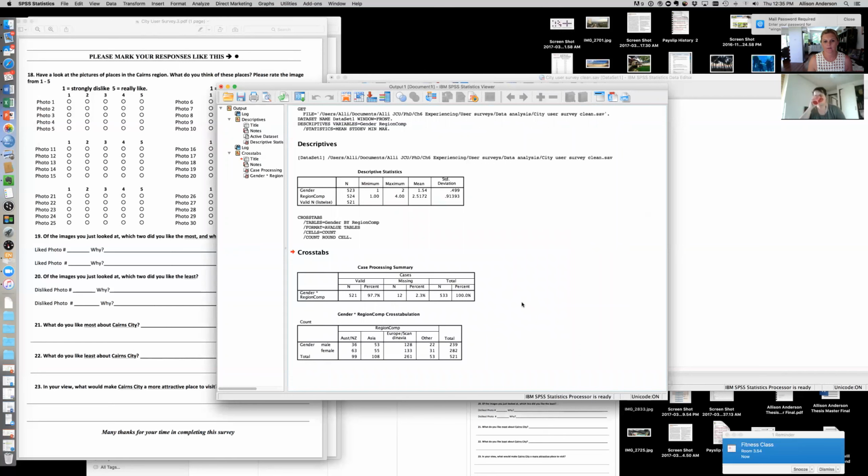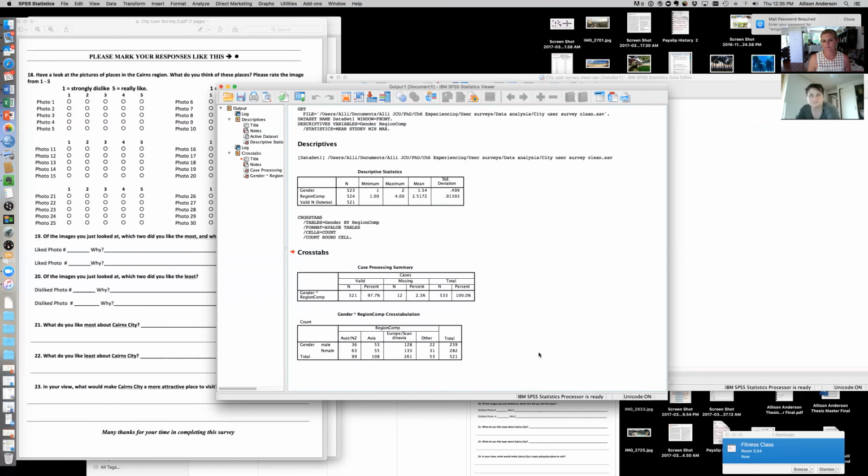So we had 36 males from Australia and New Zealand, 53 from Asia, 128 from Europe and Scandinavia, and a total of 239 people were male. 63 from females, and so on and so forth.